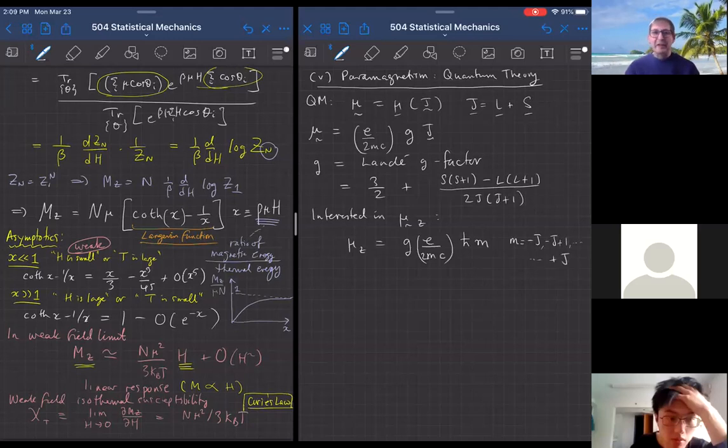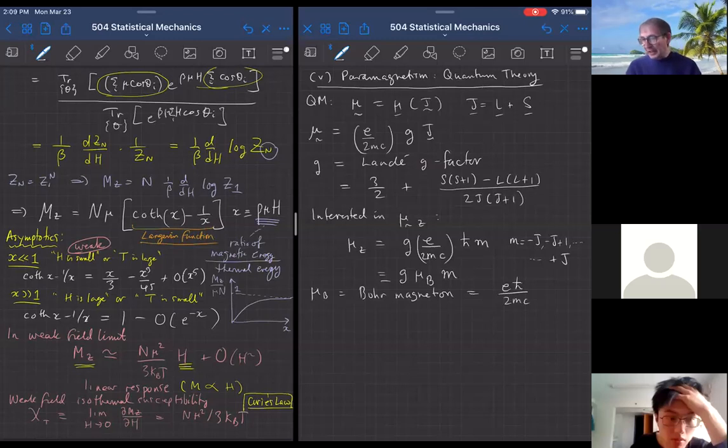That's the range of the magnetic quantum number in the z direction. We define this to be g times a quantity called mu B times the number m, and mu B is known as the Bohr magneton, a wonderful name, with the value e h bar over 2mc.